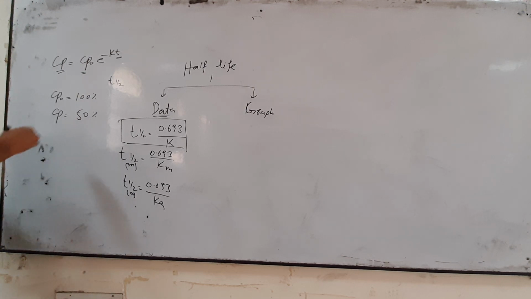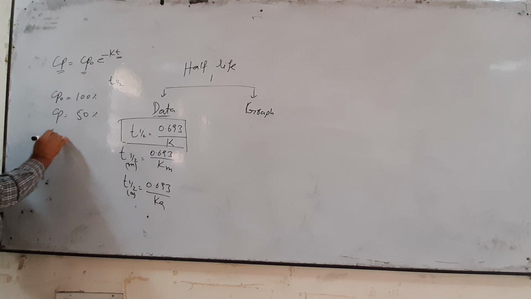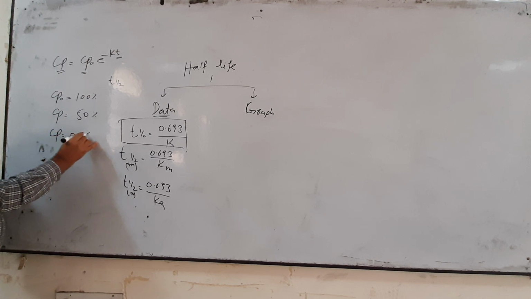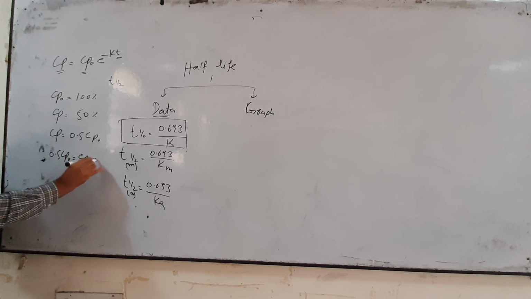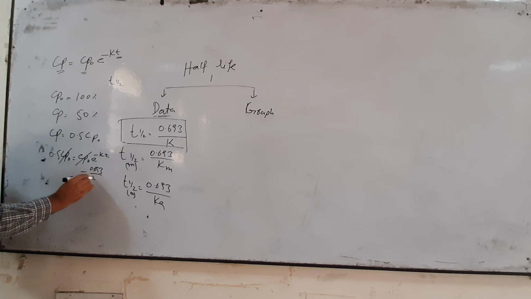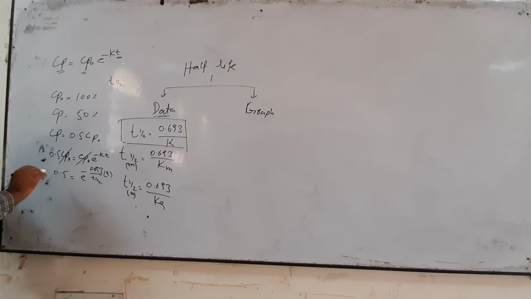Then we will assume that we are taking the value Cp equal to 0.5 Cp naught. When we write this 0.5 Cp naught, this will be equal to Cp naught e to the minus Kt, and these Cp naught will be cancelled. K means 0.693 over T half, and this is 0.5.